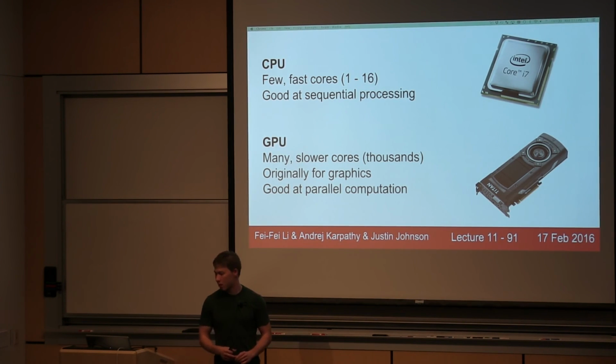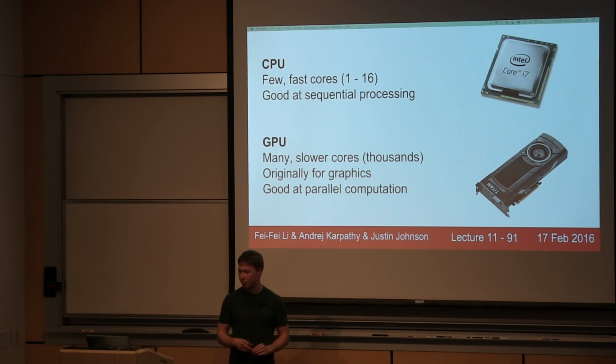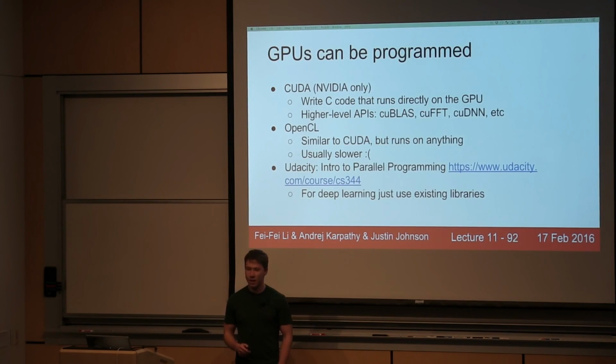These GPUs were originally developed for graphics processing, so they're really good at highly parallelized operations, where you want to do many, many things in parallel independently. Since then, they've evolved into a more general computing platform. There are different frameworks that allow you to write generic code to run directly on the GPU.